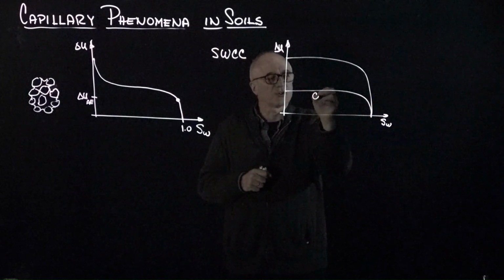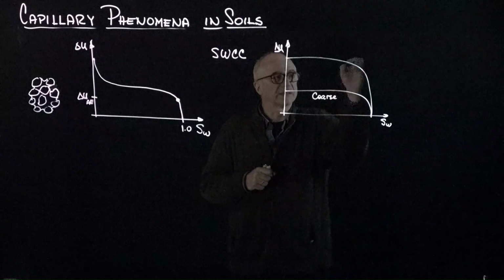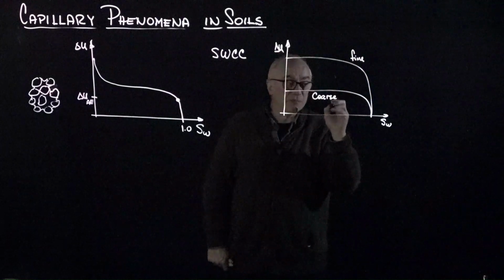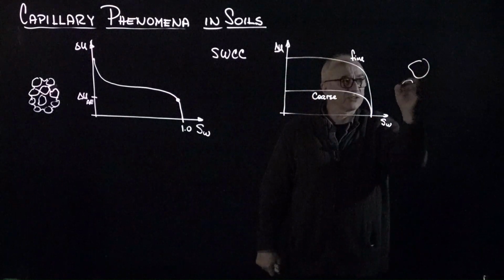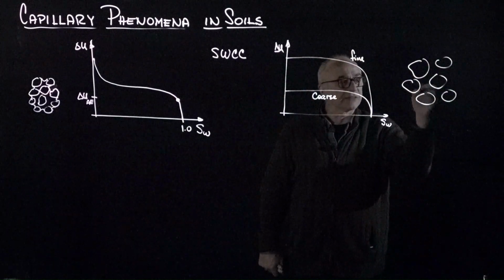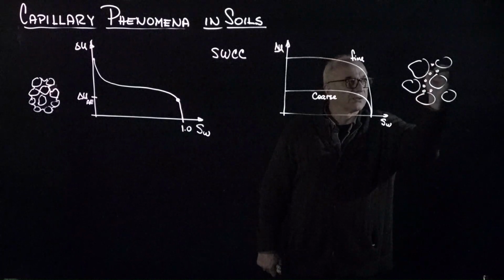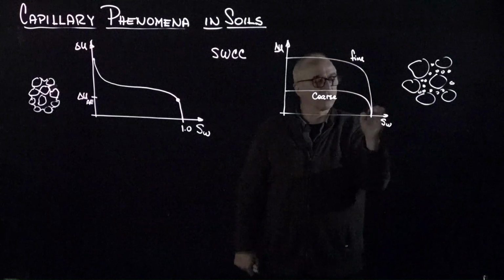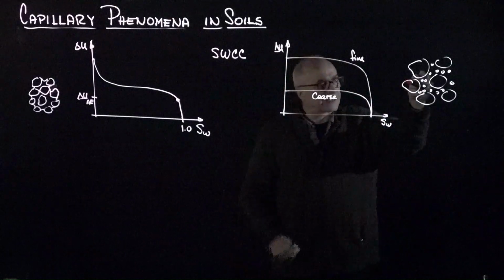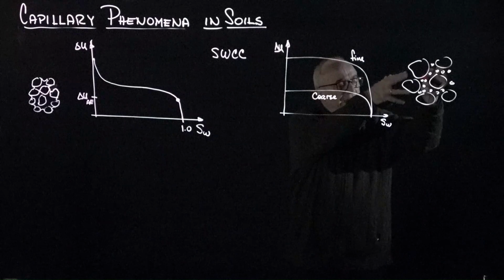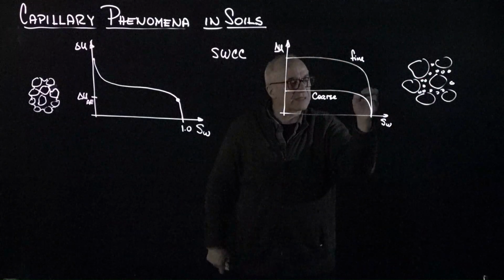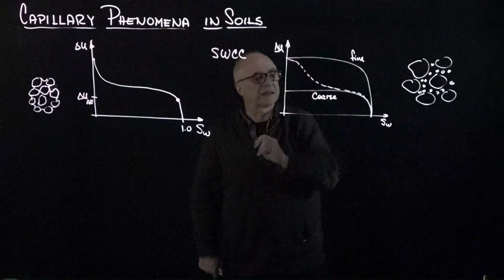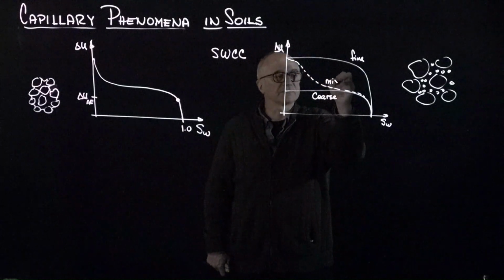So this is coarse, I'm exaggerating. This is fine-grained. And if it was a mixture of coarse-grained and fine-grained soils, air would invade according to the large pores in the coarse, but then as the water remains only within the fine-grained elements, it will follow this line and it will go to that line. And so this is a mix.